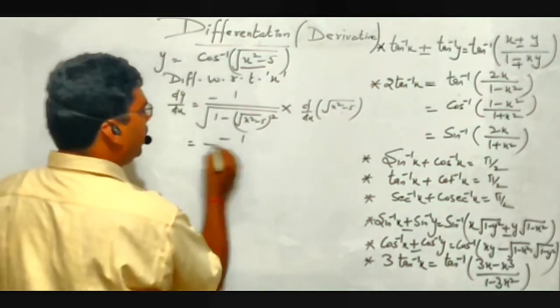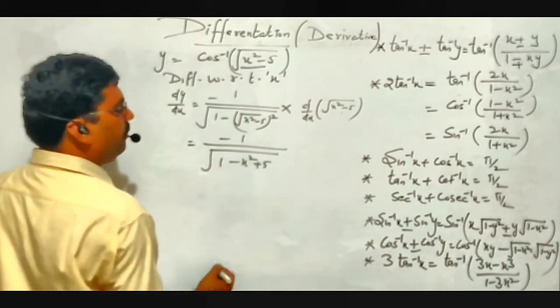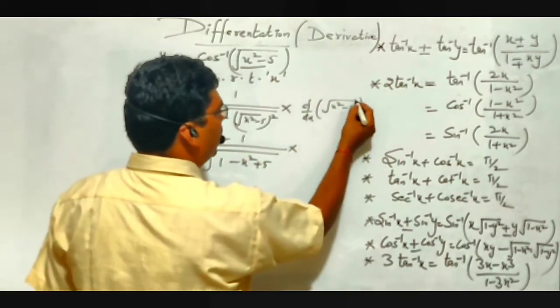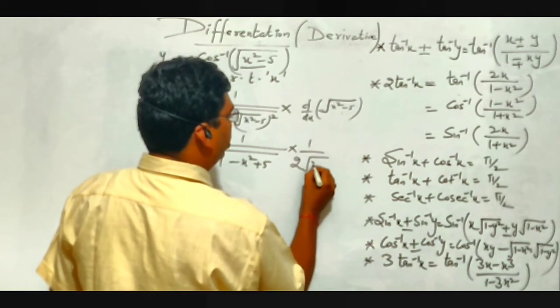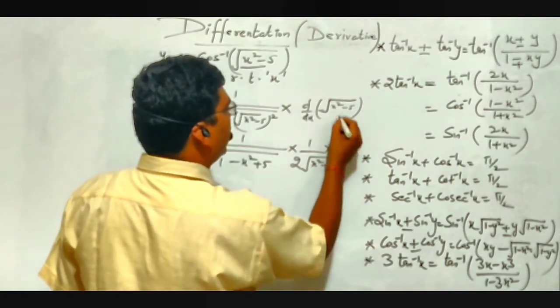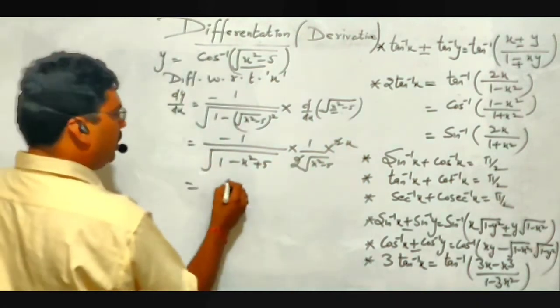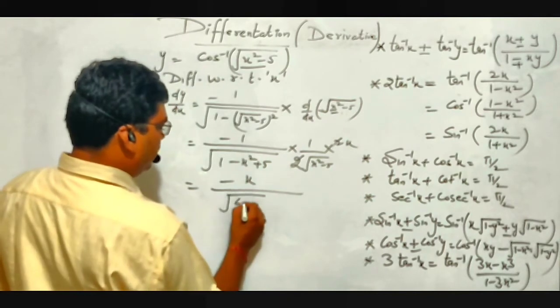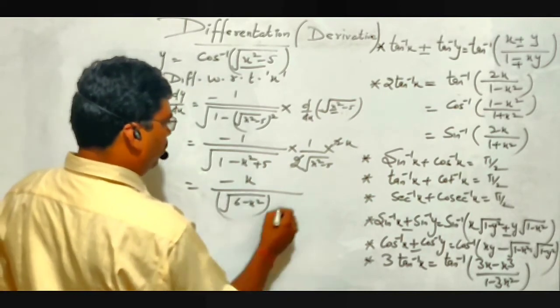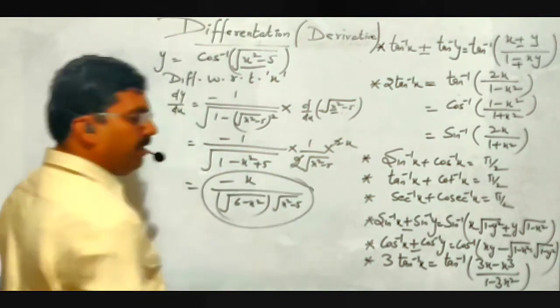That becomes minus 1 by square root of 1 minus x square plus 5, into the derivative of the square root, 1 by 2 into the quotient, and the derivative of x square minus 5 is 2x. They are cancelled. The answer is minus x by square root of 6 minus x square into square root of x square minus 5. That is the final answer.